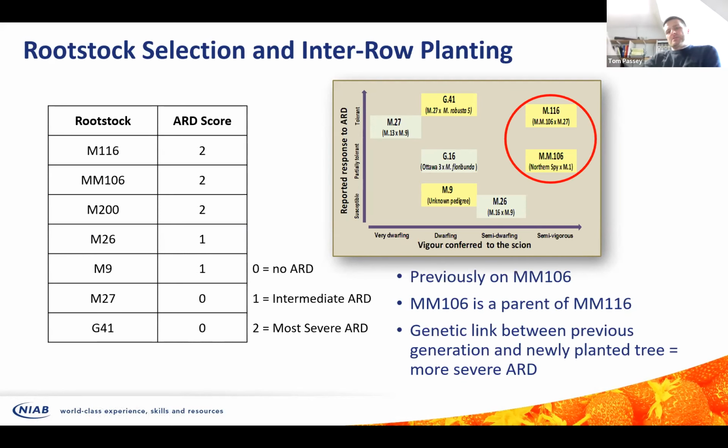It was interesting to see that, going into the trial, we were expecting M116 and MM106 to be two of the more tolerant rootstock genotypes towards replant disease. But actually what we found in this trial was that they were the two most susceptible.